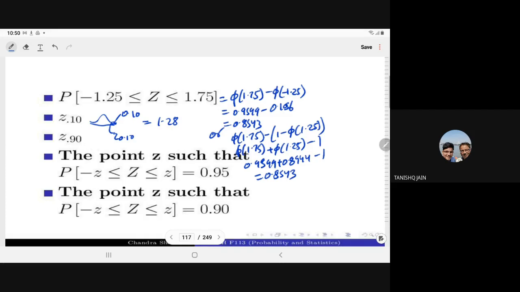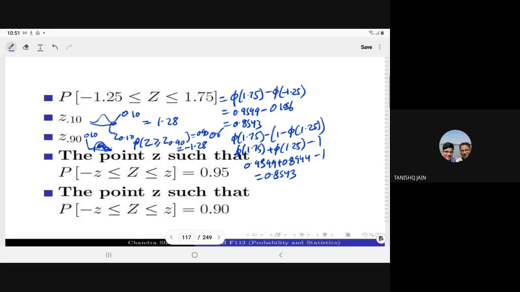Similarly, Z of 0.90 means the left side area is 0.90, so the right side area will be 0.10. So probability Z greater than Z of 0.90 is equal to 0.10, and from the table this value is 1.28. By the symmetry, Z of 0.10 is minus 1.28.